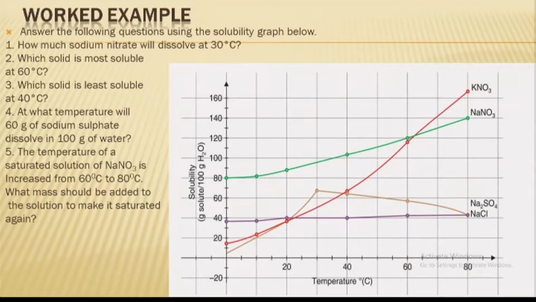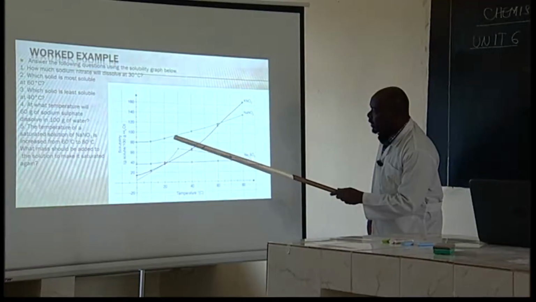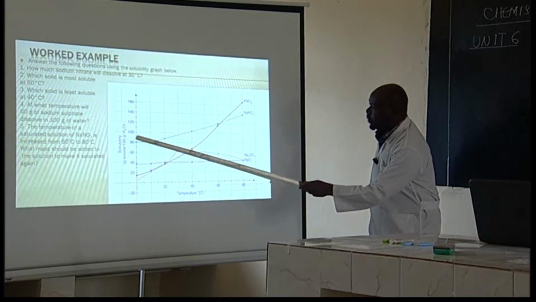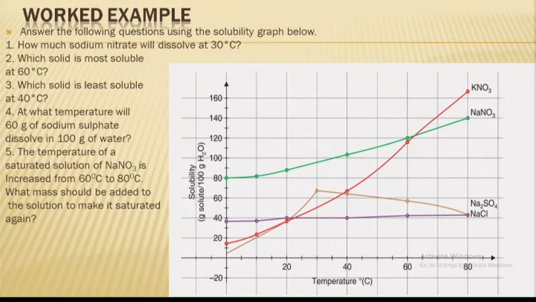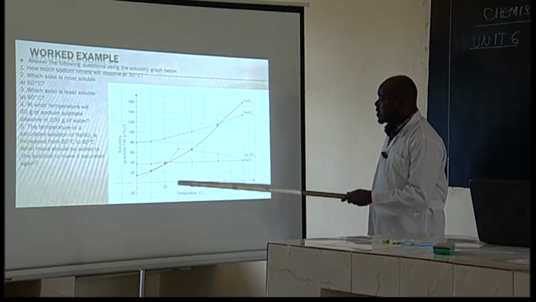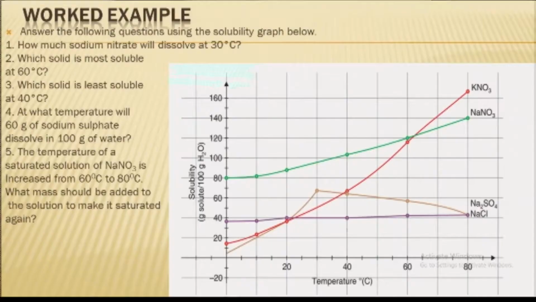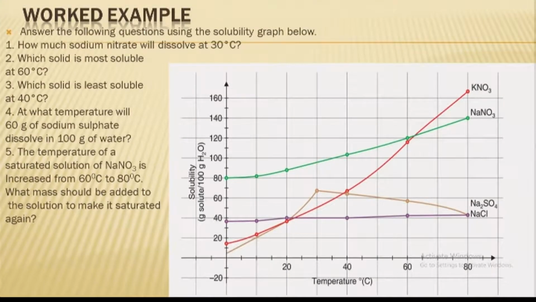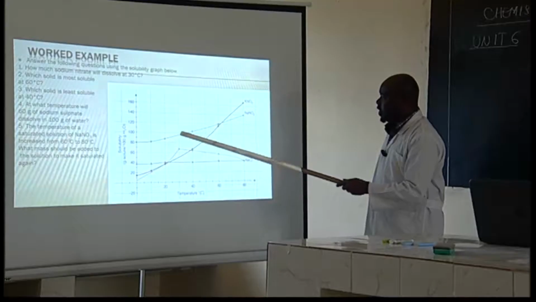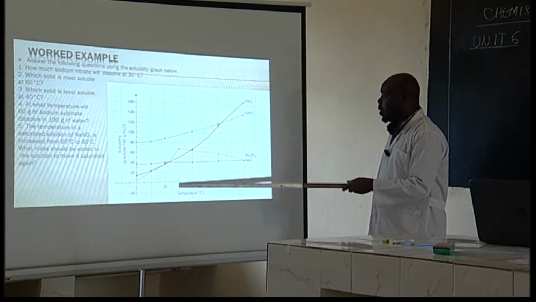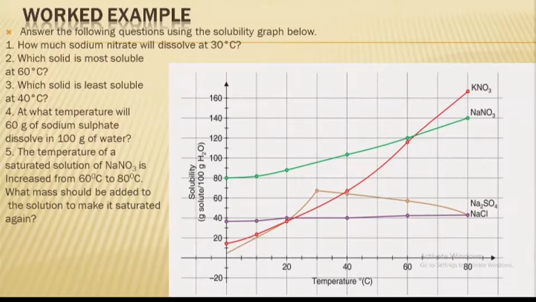And from the same point, you extend another line up to the solubility axis. You make sure that this line, which is extending from the solubility curve up to the solubilities on the y-axis, is also perpendicular to the one joining the temperature axis and the solubility curve.